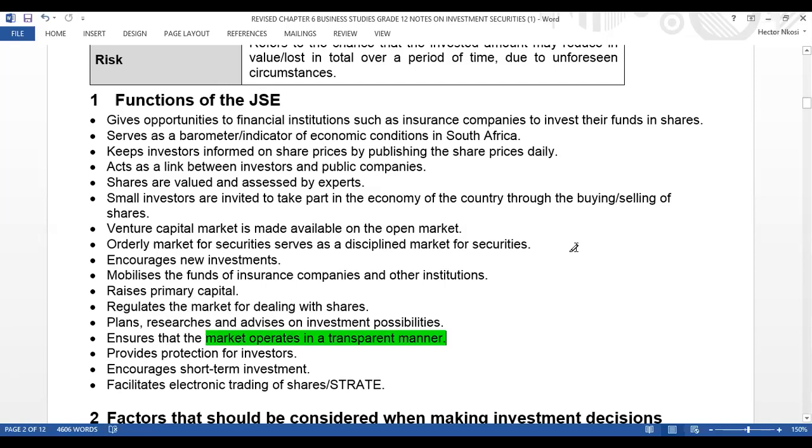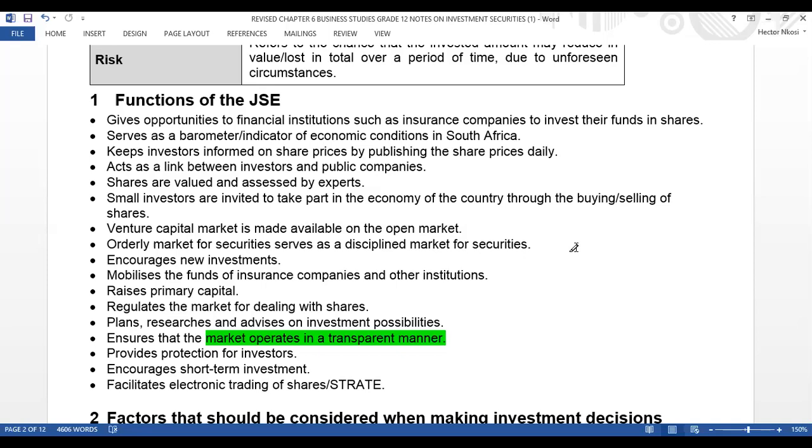Very important, isn't it? So the JSE, basically, boys and girls, gives us the assurance that the market operates in a transparent manner, meaning that everyone can see how much shares are trading at.